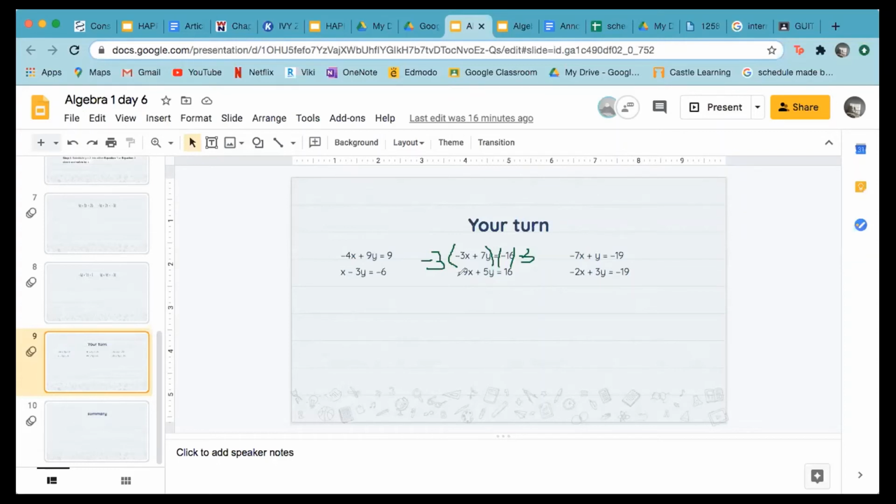So if you distribute, you got positive 9x plus... No, negative 3 times positive 7. Think about it.